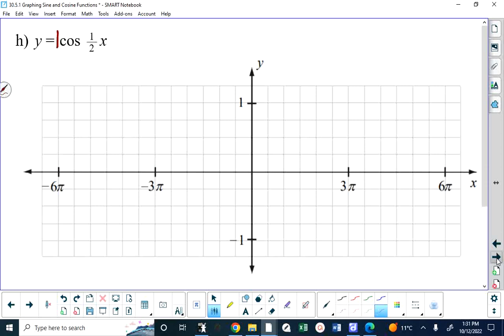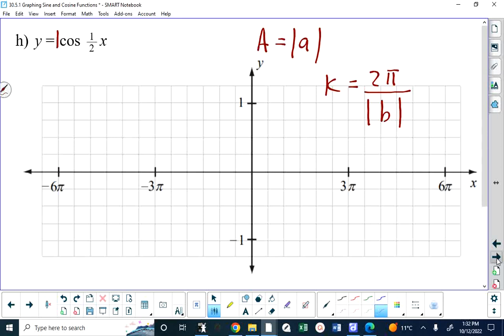So where I'm really going with this, I've already told you that the period is 2 pi over b, and let's put absolute value signs around that. And what I think I've told you is the amplitude is that. This is all about A and B today. That's all we're doing. -1 is less than or equal to y, which is less than or equal to 1.